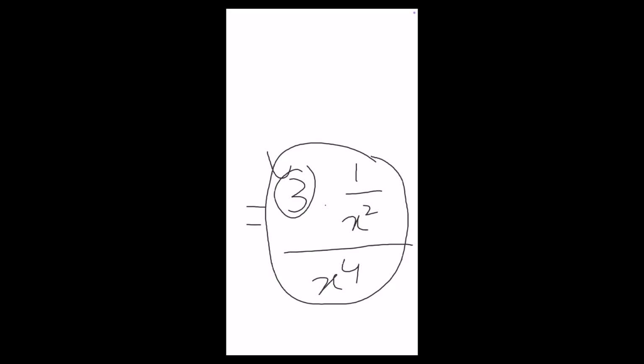See, for example, I have 2 plus 3 by 4. Now, what we have to do with this fraction, you usually know that we have to make the LCM of two numbers.